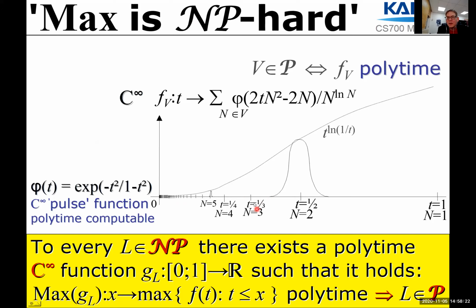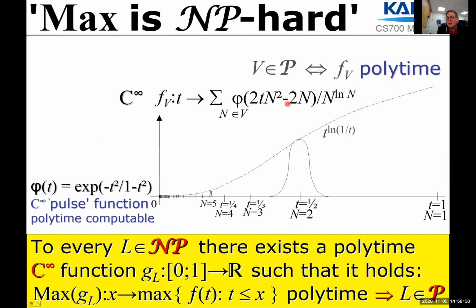And then check whether the index capital N corresponding to that subinterval belongs to V or does not belong to V. And by hypothesis, this can be decided in polynomial time. If it does belong to V, then invoke the subroutine computing the pulse, appropriately scaled and shifted. If the index does not belong to V, then just output 0 because there's no pulse to output, right?